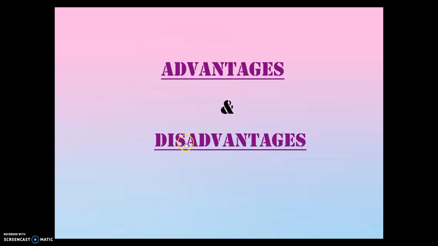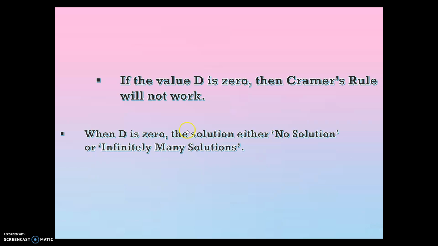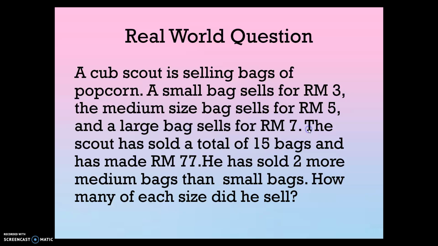And the disadvantage: if the determinant D is 0, then Cramer's rule will not work because we cannot divide any value by 0. And when D is 0, the solution is either no solution or infinitely many solutions. So we have to use another technique to find out whether the answer is no solution or infinitely many solutions.